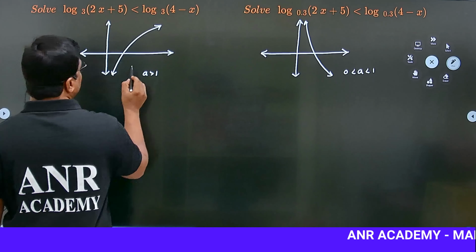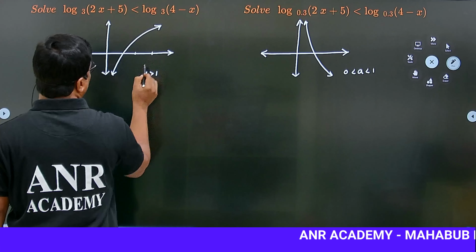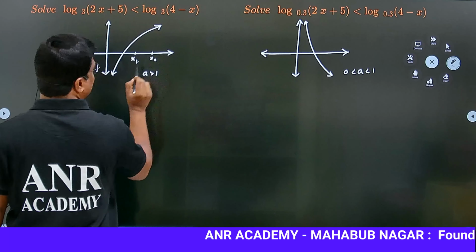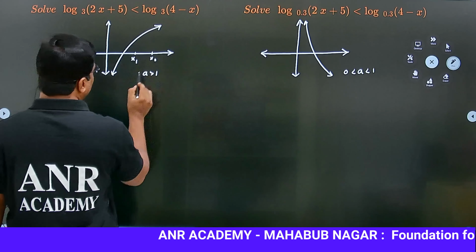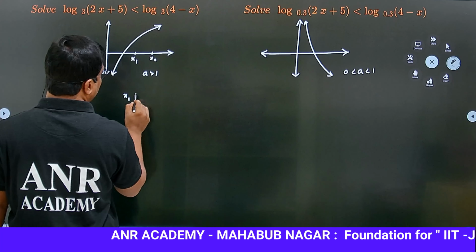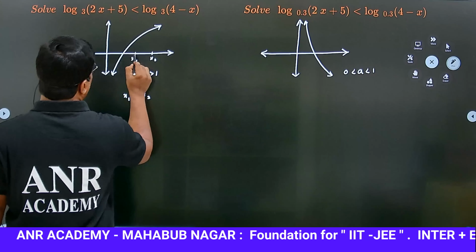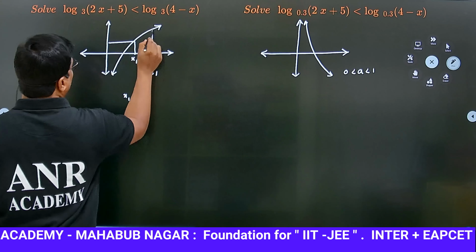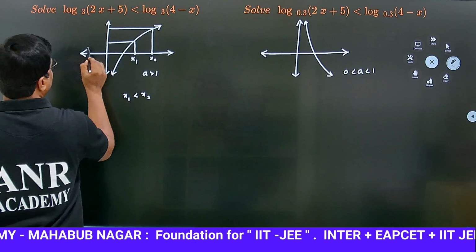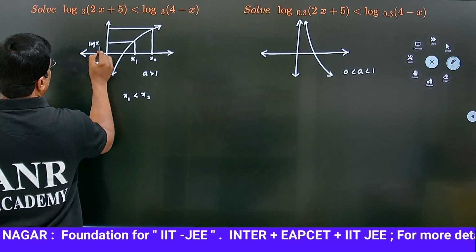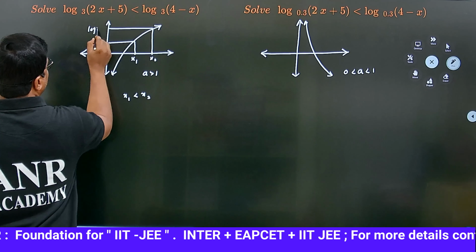Suppose there are two inputs, for example this is x1 and this is x2, with the relation between inputs x1 less than x2, and observe the corresponding outputs f of x1 and f of x2. In this case, due to the logarithmic function, this is log x1 and this is log x2.